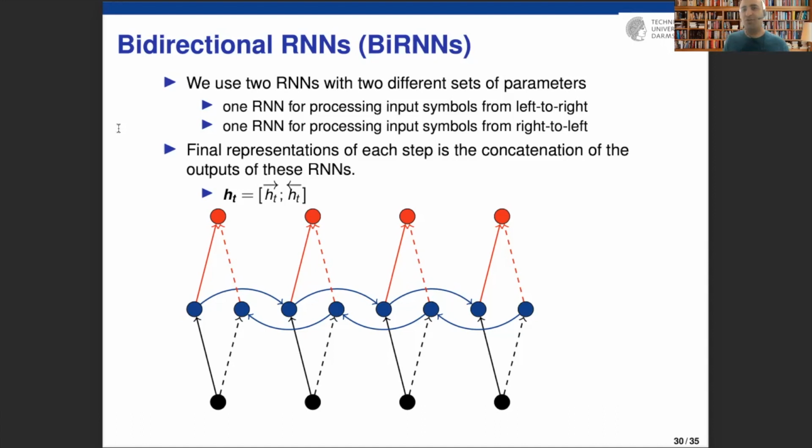If you use GRUs, it's named GRUs. The main idea is that we use two RNNs with two different sets of parameters. One RNN for processing input symbols from left to right, and the other RNN for processing input symbols from right to left.